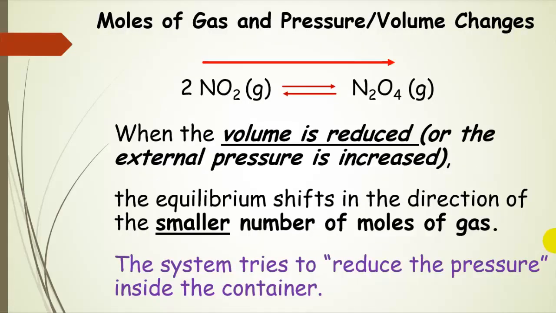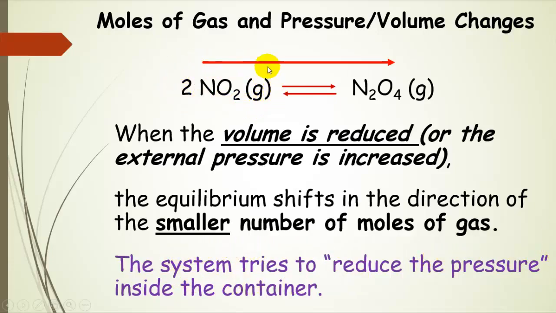Now when we reduce the volume of a system, and we do that by increasing the external pressure, the equilibrium is going to shift in the direction of the smaller number of moles of gas. Why would it do that? In this case, we reduce the volume, and the equilibrium is going to shift toward dinitrogen tetroxide. Basically, it's trying to reduce the pressure.